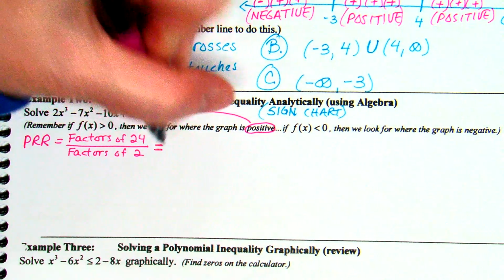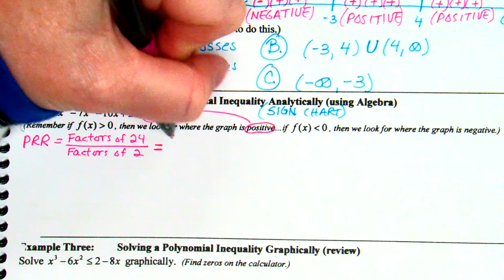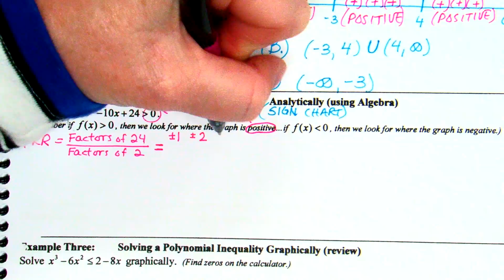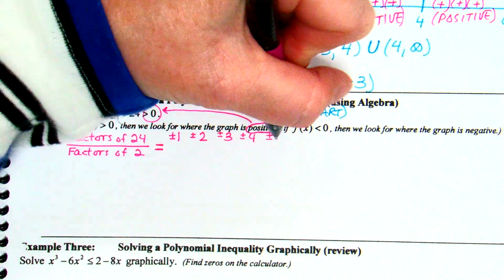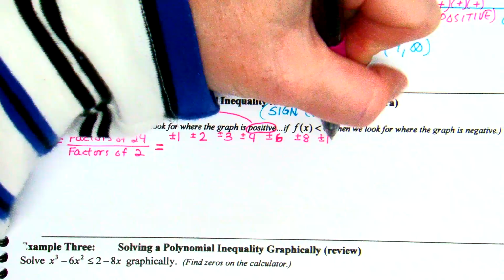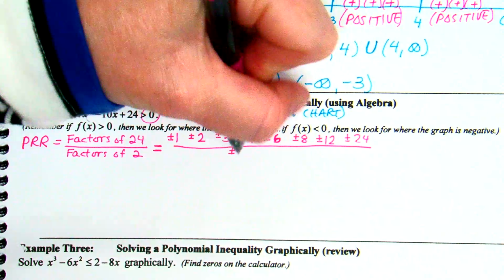Factors of 24: plus or minus 1, 2, 3, 4, 6, 8, 12, 24. Factors of 2: plus or minus 1 or 2.